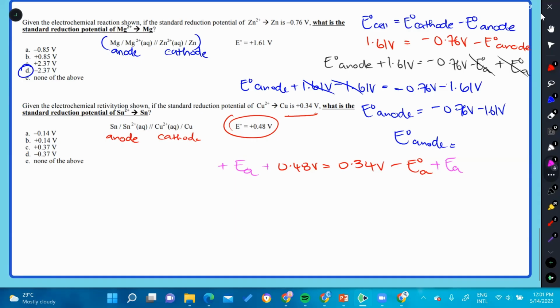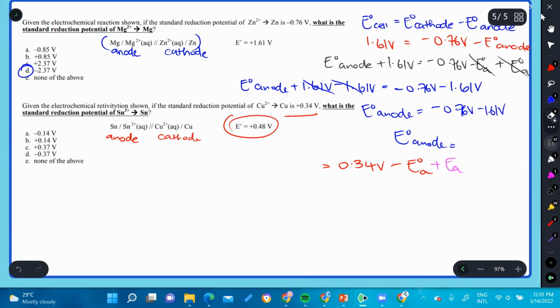If it were negative 0.48, I would just put negative. Let's shift it so that you don't get confused. So it could be 0.48 plus the E naught of A. So we add the E naught of A on both sides. So now what we're working with is 0.48 plus the E naught of A being equal to 0.34 volts.